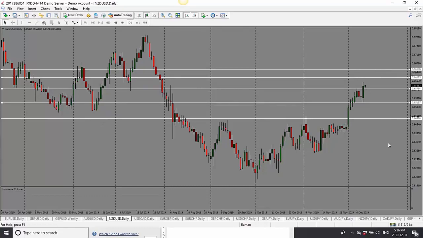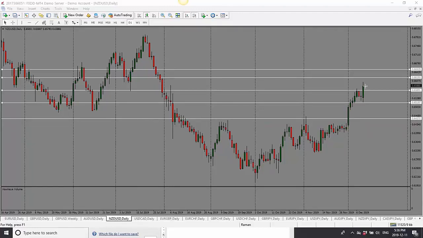So bias is bullish here. With this one, we could get a little bit of a deeper pullback here, 0.6570, and then a further move higher. But with all of these, just keep in mind, if the price does not break the high, it could drop. So just be mindful of that. But bias here is bullish for New Zealand dollar as well.